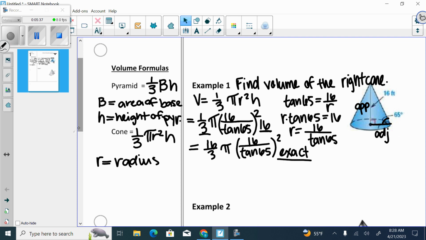We get 932.682. Perfect. And what was our measurement here? Feet. So this would be feet cubed, and this would be our estimate answer.